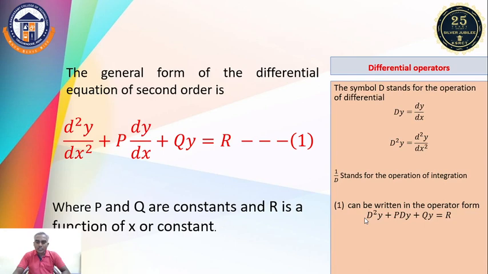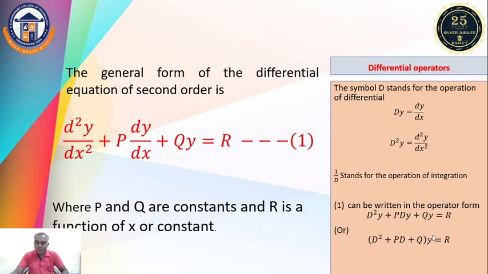Also, we can rewrite this equation by taking y commonly outside on the left side. We get capital D square plus pD plus q into y equal to r. That is called the operator representation of the second order differential equation. On the left side we have D square plus pD plus q into y.